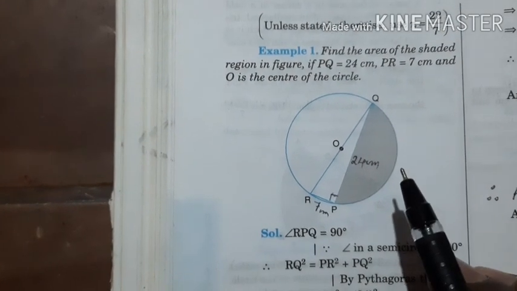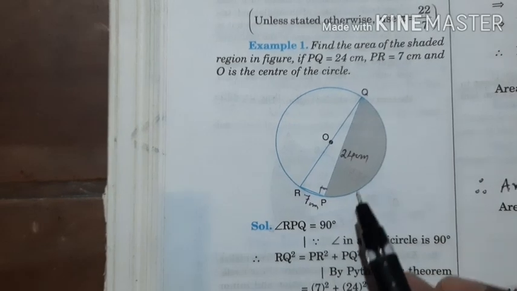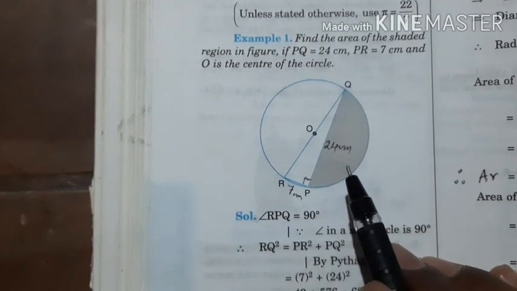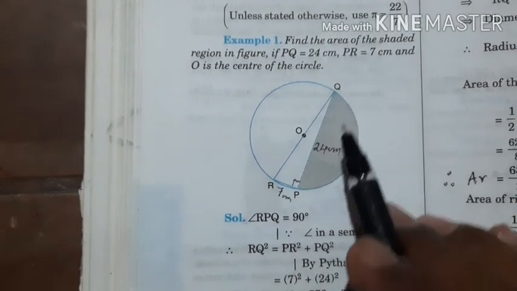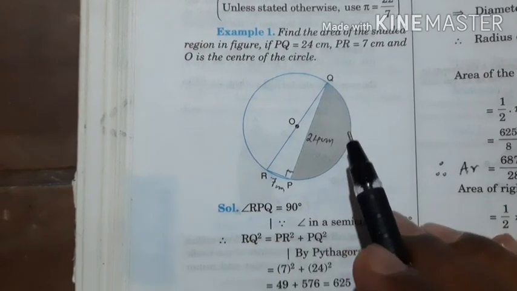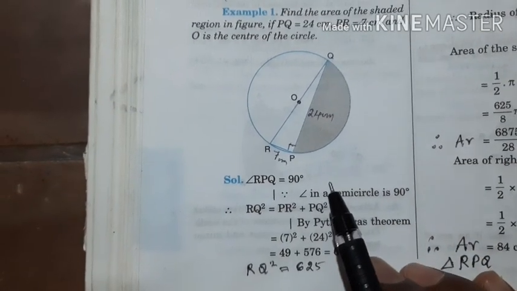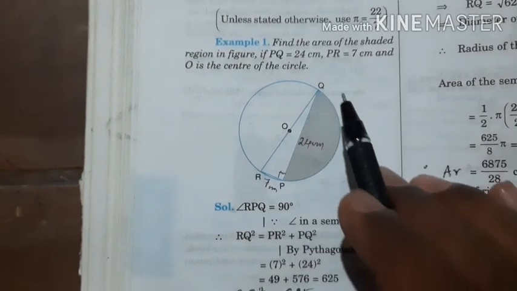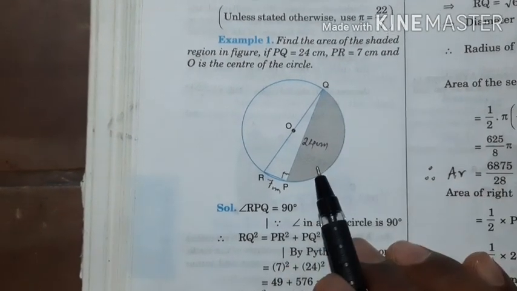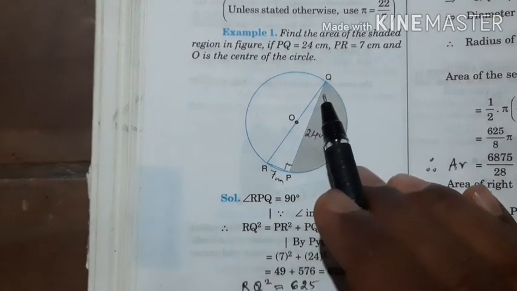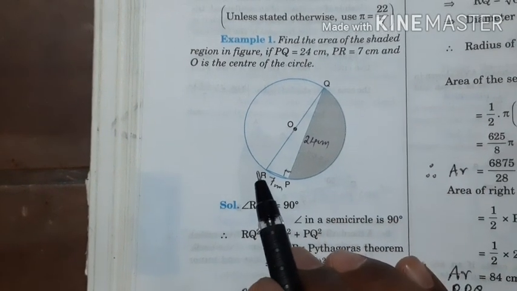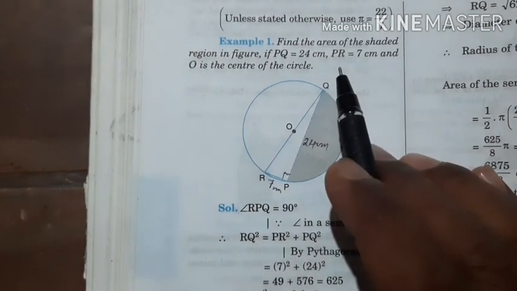We have been asked to find the area of this shaded region. Therefore, find out the area of the semicircular region and subtract the area of the right angle triangle RPQ.